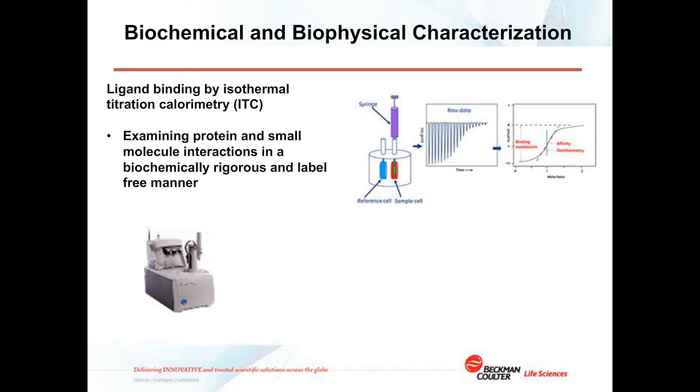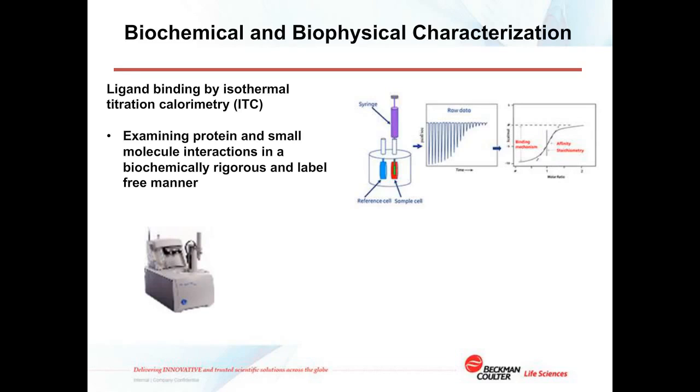So with isothermal titration calorimetry, one can very rigorously examine many different biophysical characteristics of proteins. So typically one will incubate a protein with another peptide or protein and then measure the amount of heat that is generated with small injections of the peptide or small molecule.